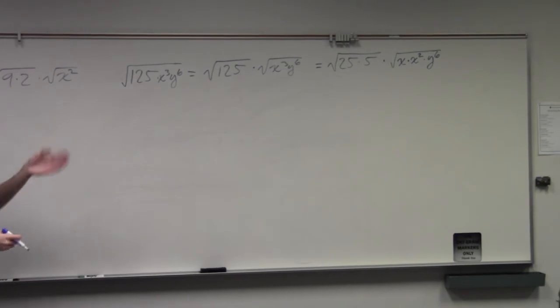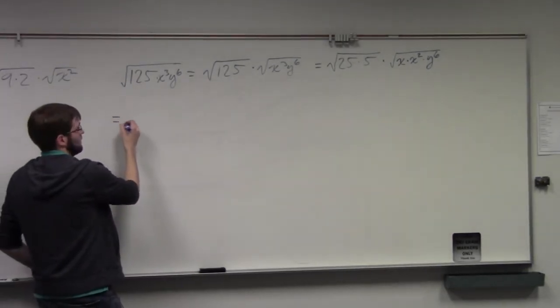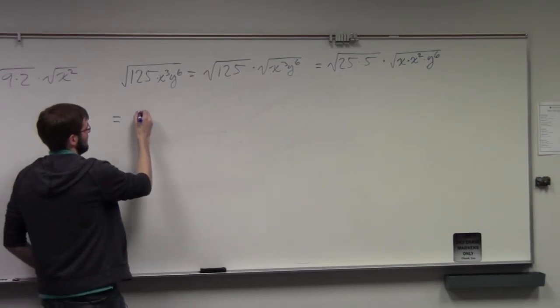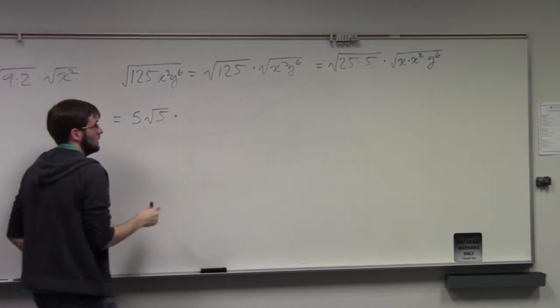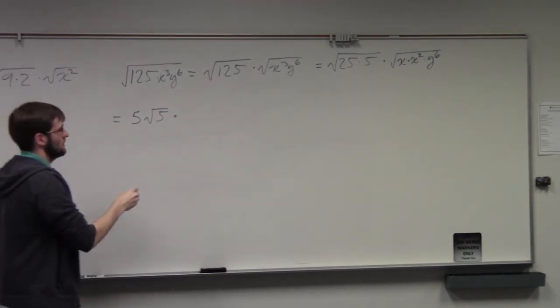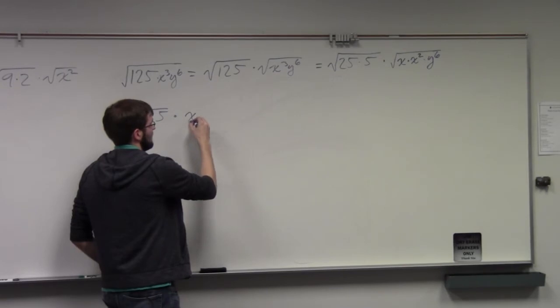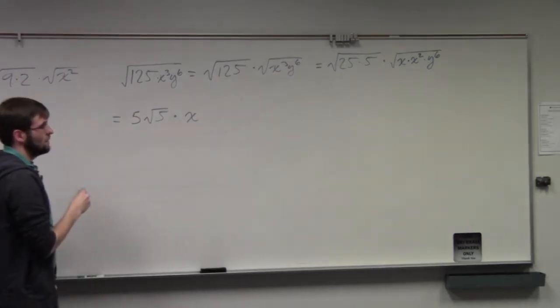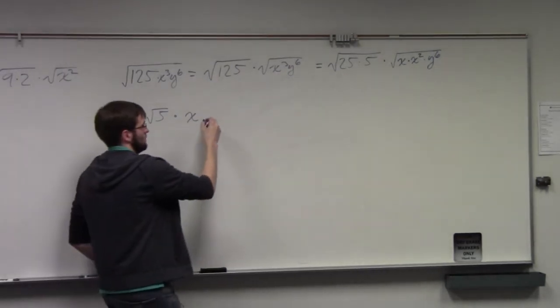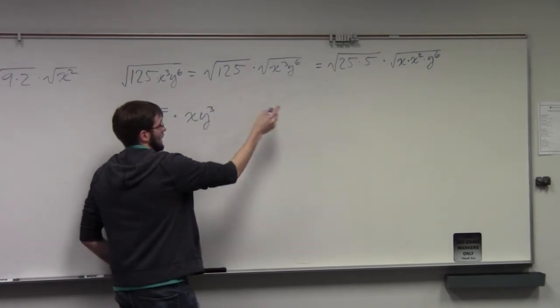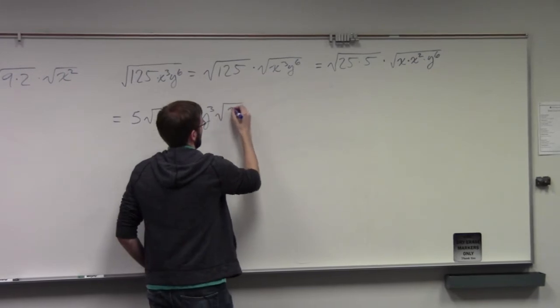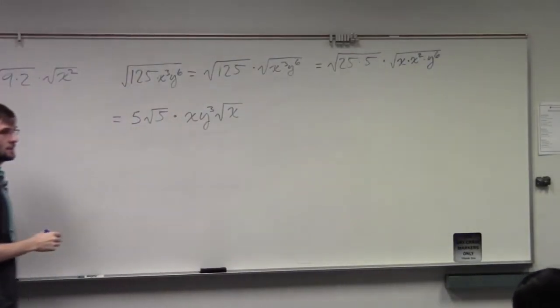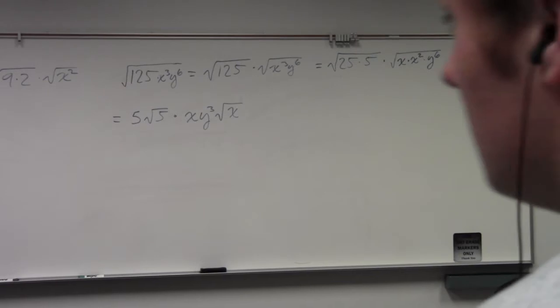Now I want to pull out all my perfect squares. The square root of 25 is 5, and I have the square root of 5 left over. The square root of x squared is x. The square root of y to the 6th power is y to the 3rd. This x does not have an even power, so he has to stay inside the square root.